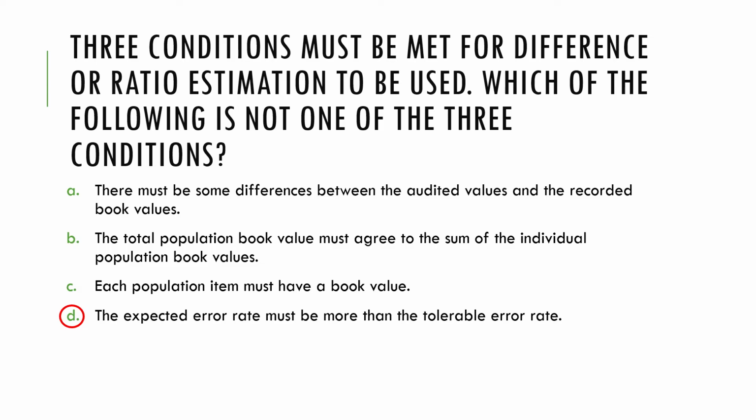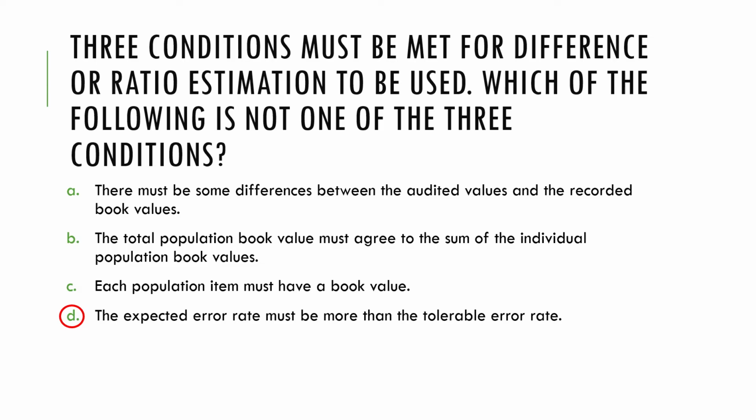So if the expected error rate is already greater than the tolerable error rate, you expect, for example, the error to be 50,000, but you're only willing to tolerate up to 10,000. So there may no longer be any need for you to perform the sampling as it's already expected to reveal a material misstatement or a deviation in the sample that is more than what you're willing to accept.